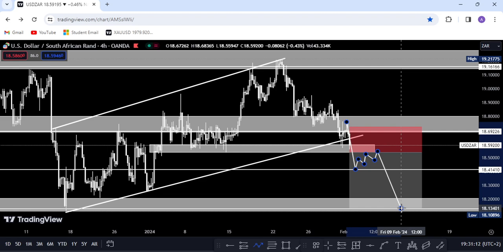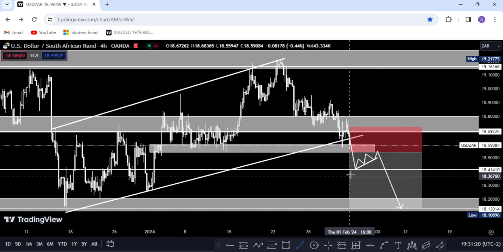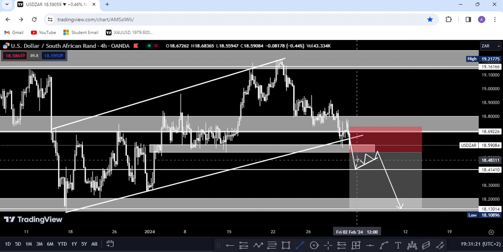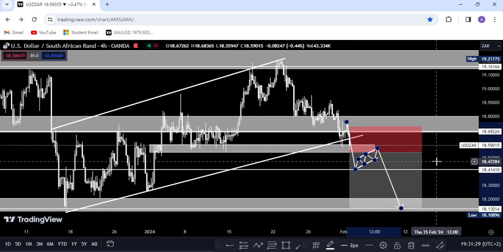So you must be very attentive before you take any trades, because I think being prepared is another sort of risk management to me. So yeah, I think prices will be bearish. However, we will have to wait and see.